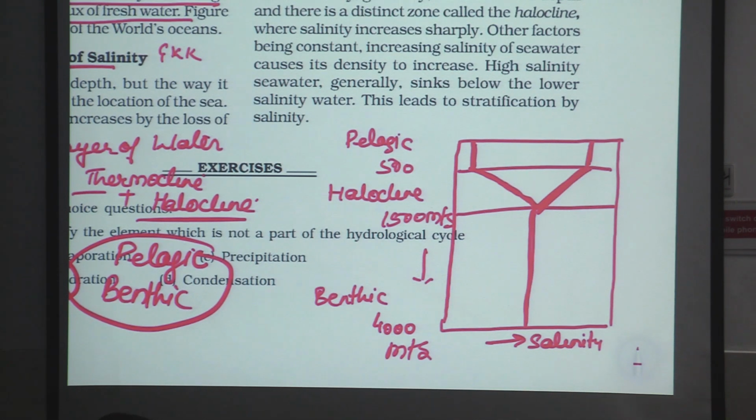Very easy chapter, I'll not say it's a difficult one, but yes, you need to take the understanding of the three things that we have learned: hydrological cycle, ocean bottom relief, and also the physical properties of ocean water, that is salinity and temperature. I again repeat, take good care of your health and sit at home, study, revise. Don't delay the preparation. Happy learning. All the very best to all of you.